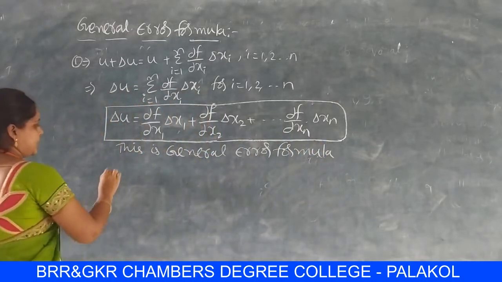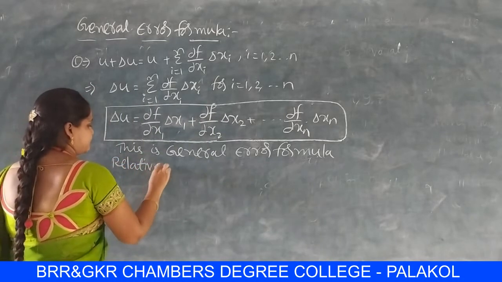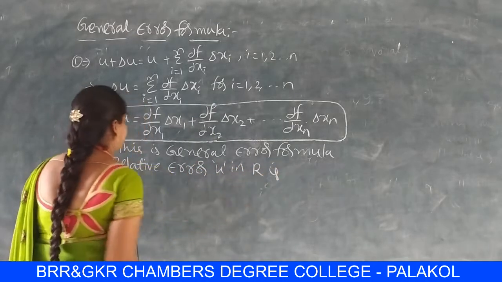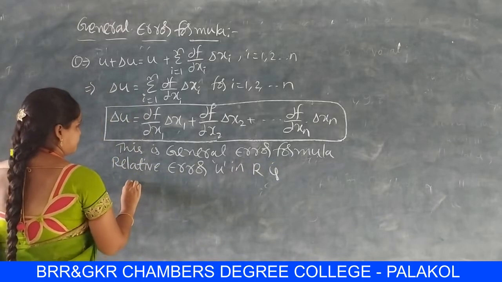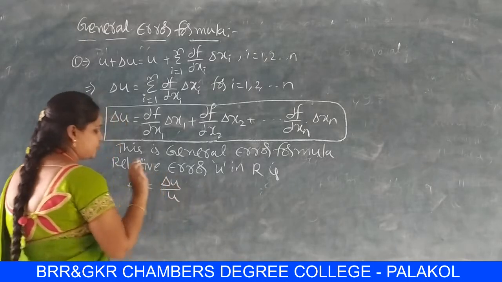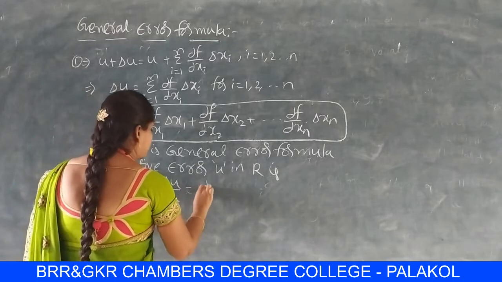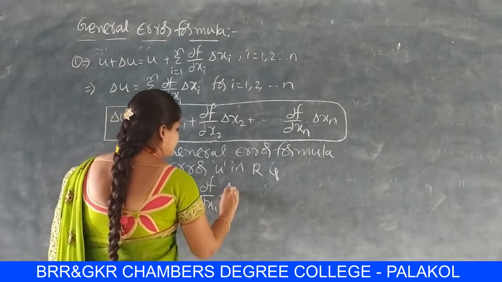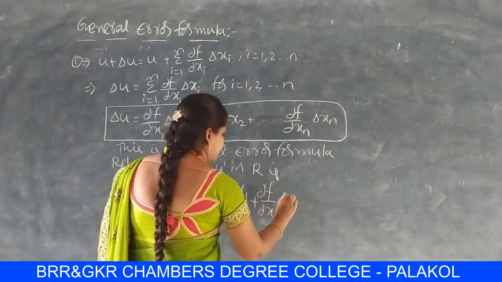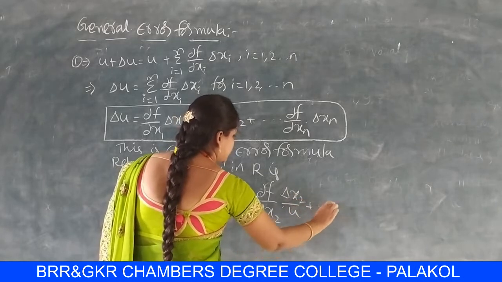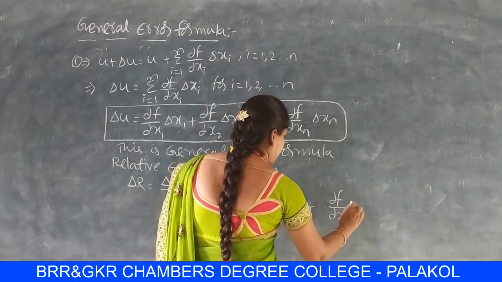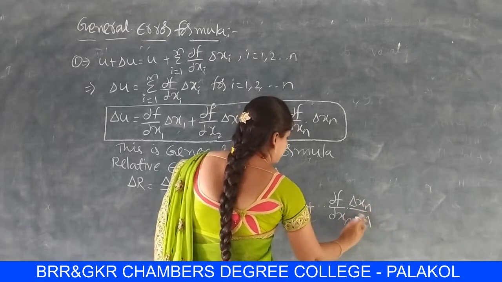And the relative error in u, delta R, is equal to delta u by u, which is dou f by dou x1 into delta x1 by u plus dou f by dou x2 into delta x2 by u plus and so on dou f by dou xn into delta xn by u.